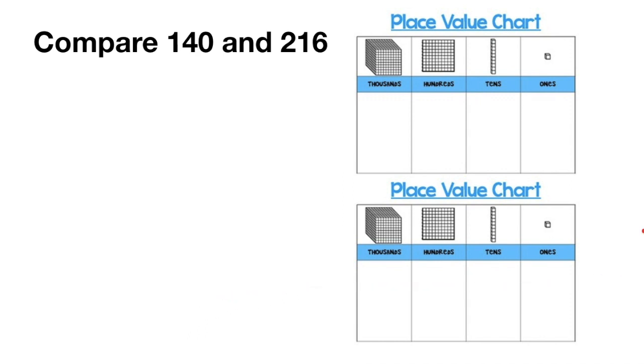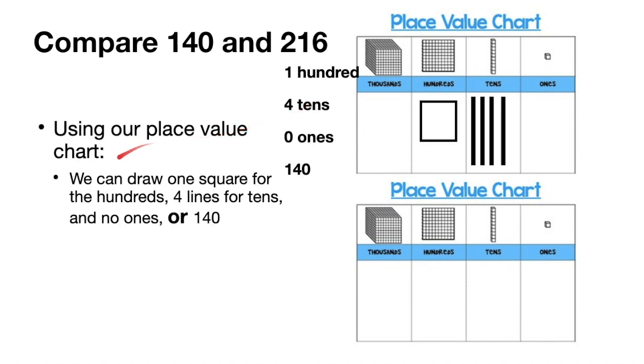Okay, so let's go ahead and compare 140 and 216. So now we're working with 3 digits. So that means we are going to be going into the hundreds place value for each number, and we will need to look at each place value in order to make our decision. So first, we can draw 1 square for the hundreds, that's right here. 4 lines for tens because we have 4 tens.